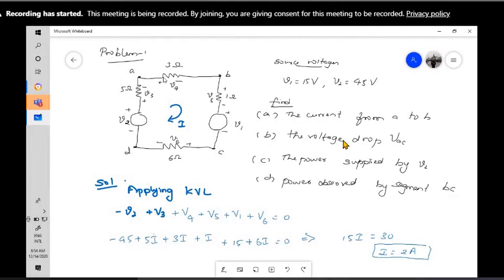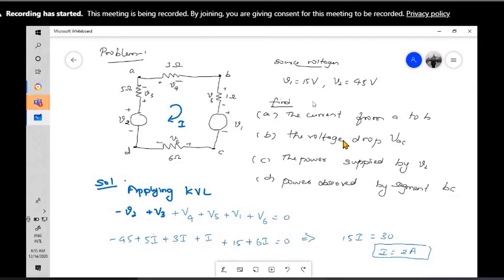That's nothing but this resistance 3 into the current I. So it will be 3 times I. Now, similarly here, what will be the voltage drop from B to C? That will be nothing but the current I into resistance 1 ohm. So that will be I.